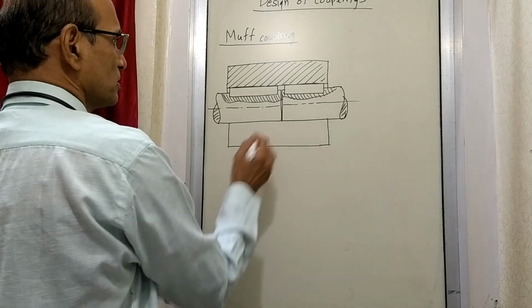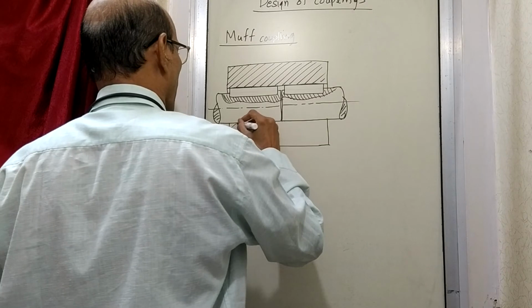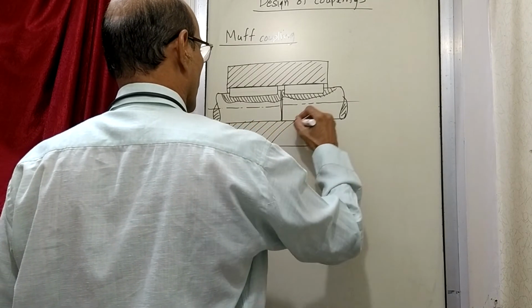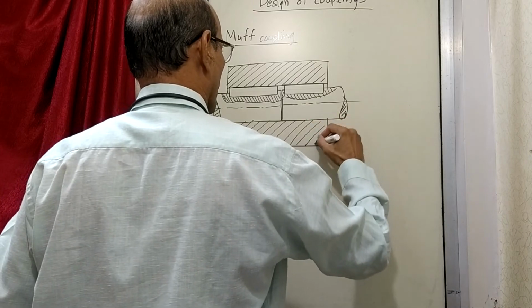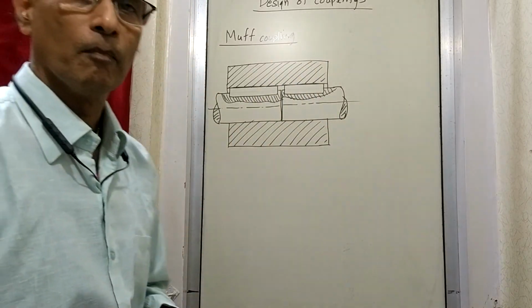This part may not be shown in section, or you can show it also. This line should be in continuation. So this is the muff coupling that is drawn.